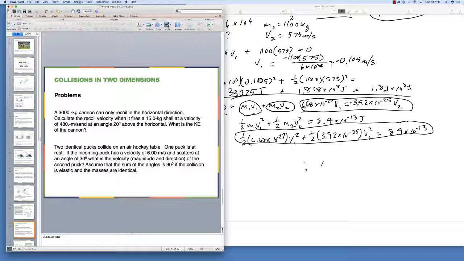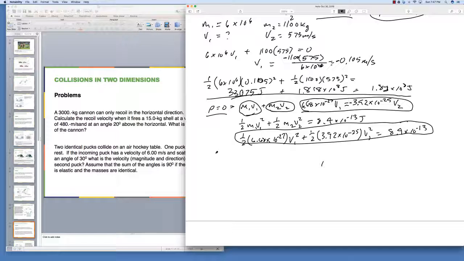So let's take a look at this one. It's 3,000 kilograms. The mass of the cannonball is 15 kilograms. The velocity is 480 meters per second, and the angle is 20 degrees. So it can only go in the X component.